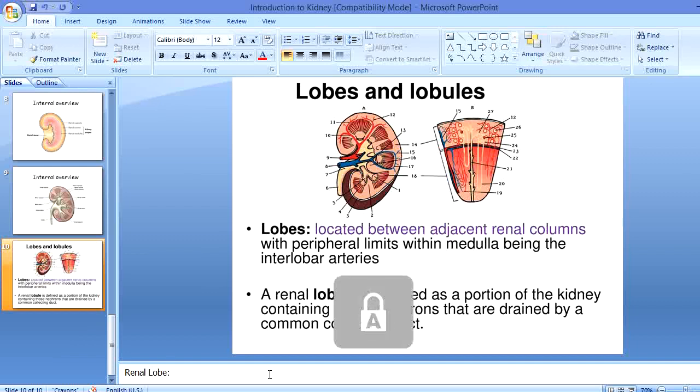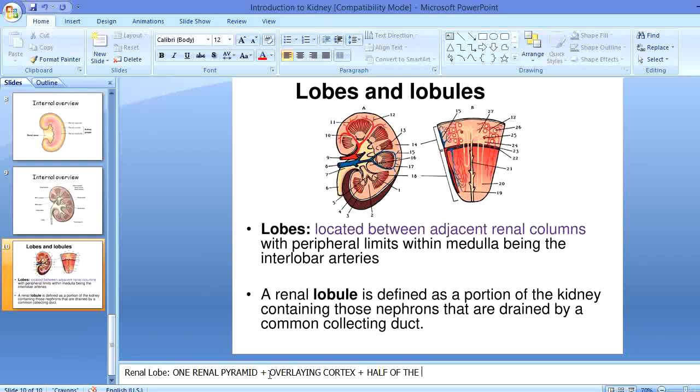The renal lobe represents the small functional unit of the kidney which comprises one renal pyramid, plus overlying cortex, plus half of the adjacent renal column.